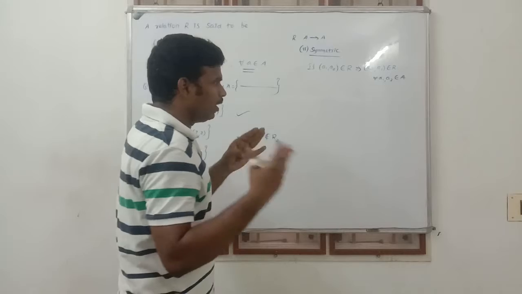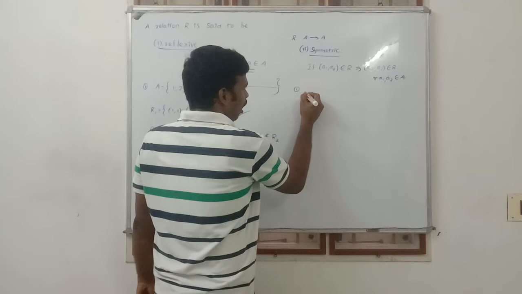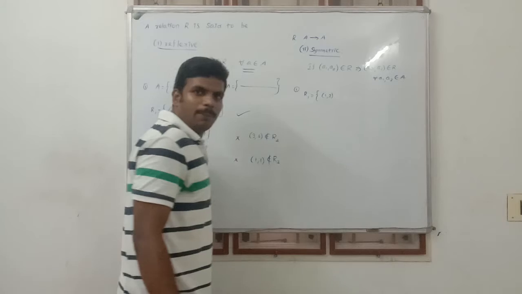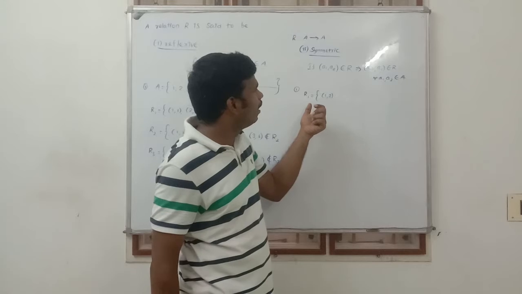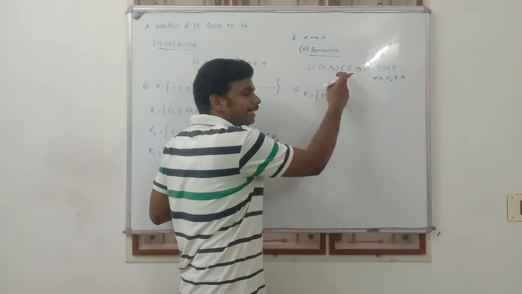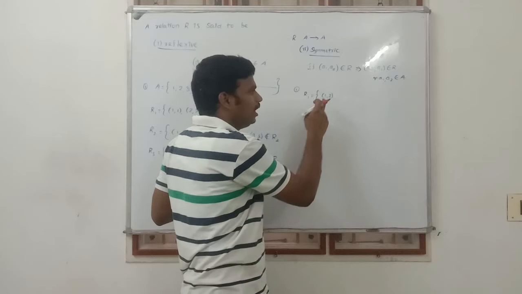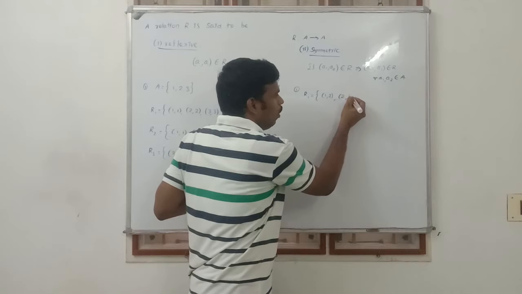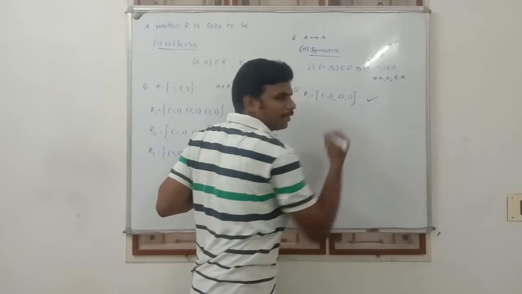Let us discuss a few examples. The first one, from A cross A, I take R1 equal to {(1, 2)} only. This is not symmetric, because if (a1, a2) is in the relation, then there must be (a2, a1). If we take (1, 2) in the relation, then there must be (2, 1) in the relation. Then we can call this relation symmetric.